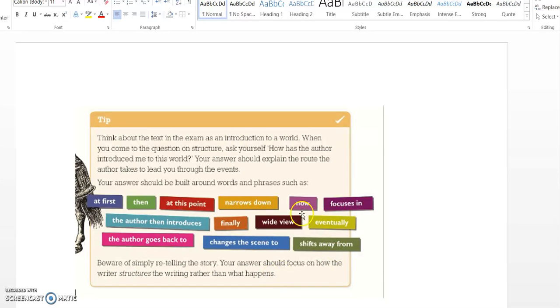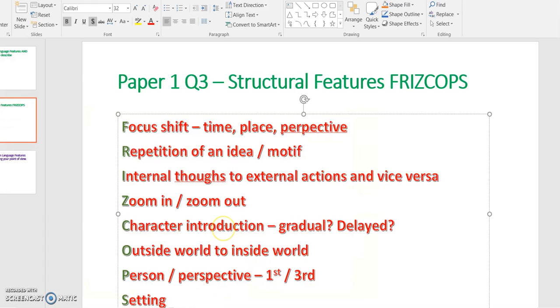Okay? So as well as these phrases, you've also, in your classes, been looking at this acronym, FRISCOPS, which as part of your revision you should be committing to memory, because these are all the different structural techniques that a writer will use.